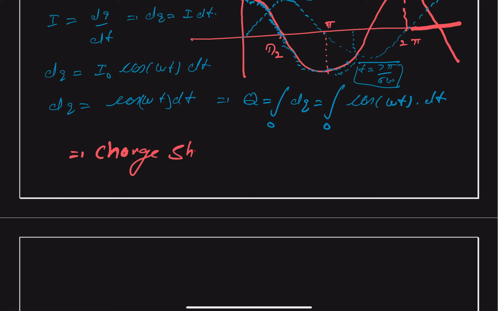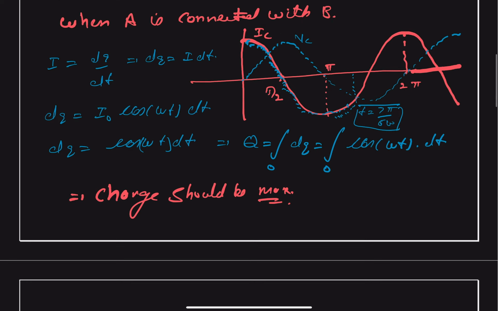If we see the graph for the current I C, after pi by 2 the current starts to reverse its direction.